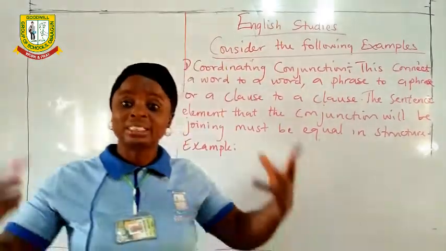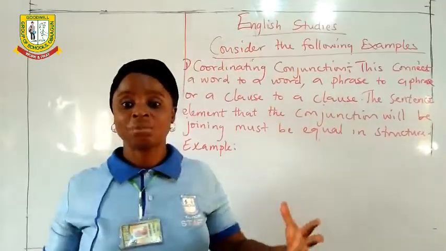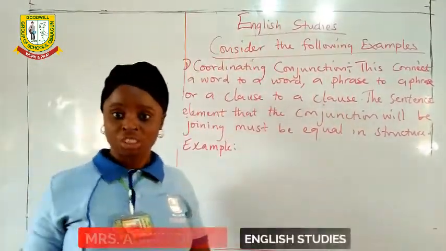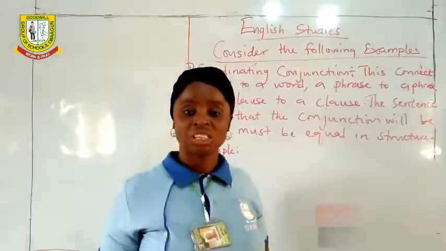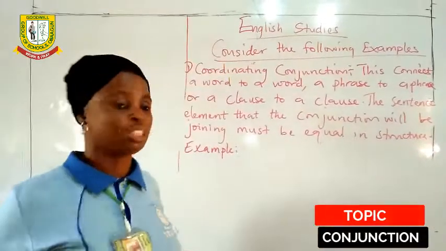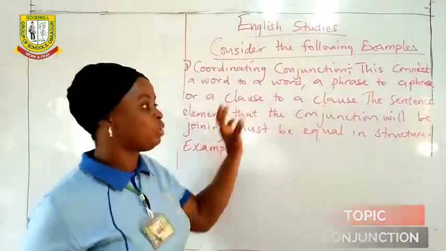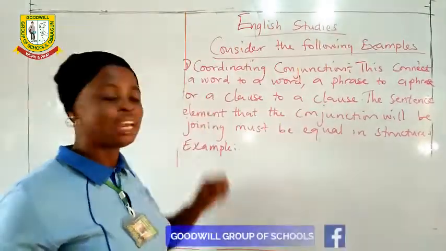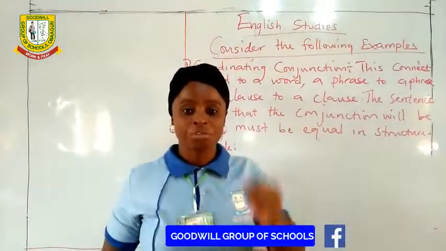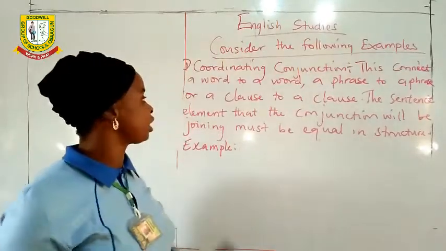So I've explained the three types of conjunction to be coordinating conjunction, correlative conjunction, and subordinating conjunction. And here I've explained coordinating conjunction, that it connects a word to a word, a phrase to a phrase, a clause to a clause.